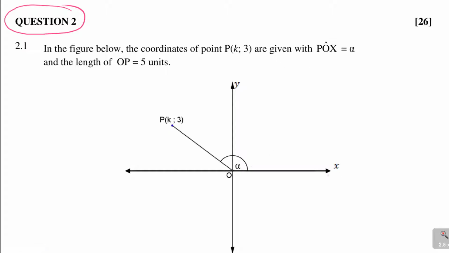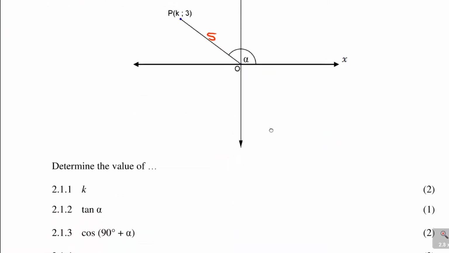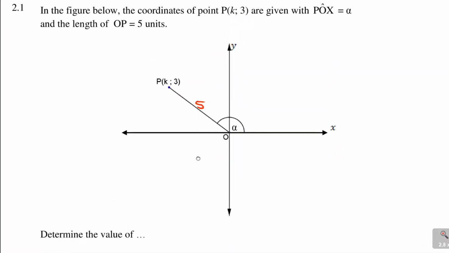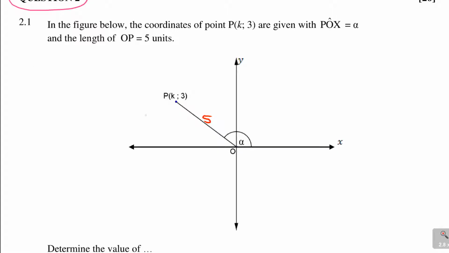You can see the angle alpha, and the length OP is 5 units, which they did not indicate, but it's very important for you to indicate it there. This is 5 units. These are common, very important questions. Determine the value of k. So the moment they do that, these are always important.